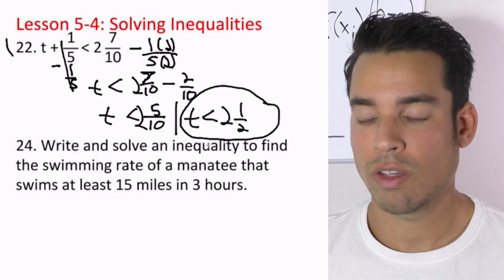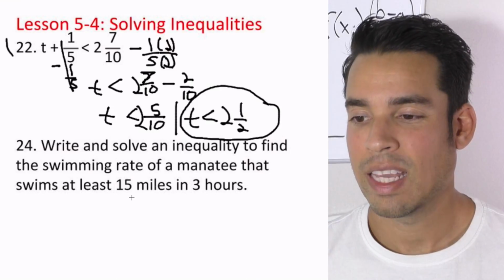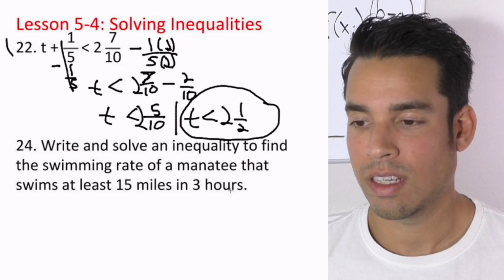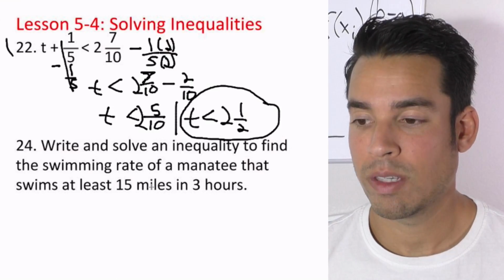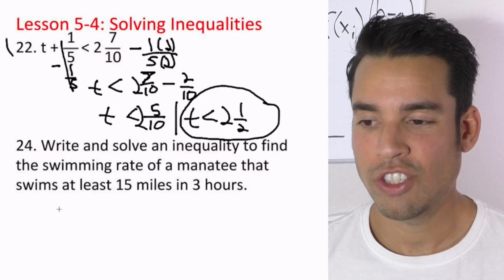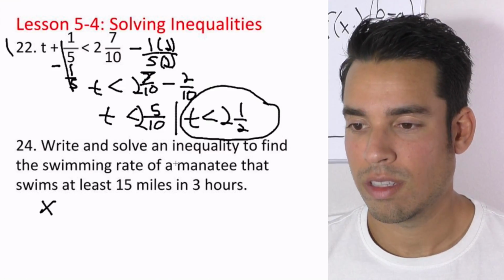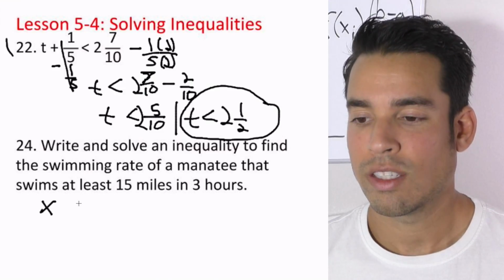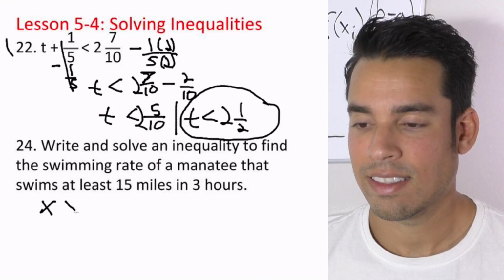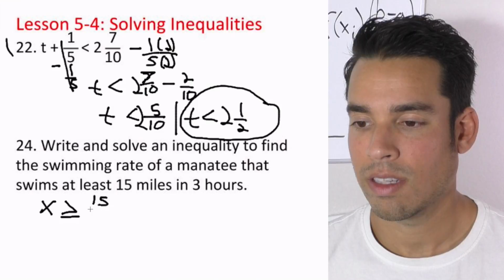Next, write and solve an inequality to find the swimming rate of a manatee that swims at least 15 miles in 3 hours. Whenever we're talking about rate, we say, let's say x, the swimming rate of a manatee. He swims greater than or equal to 15 miles in 3 hours.